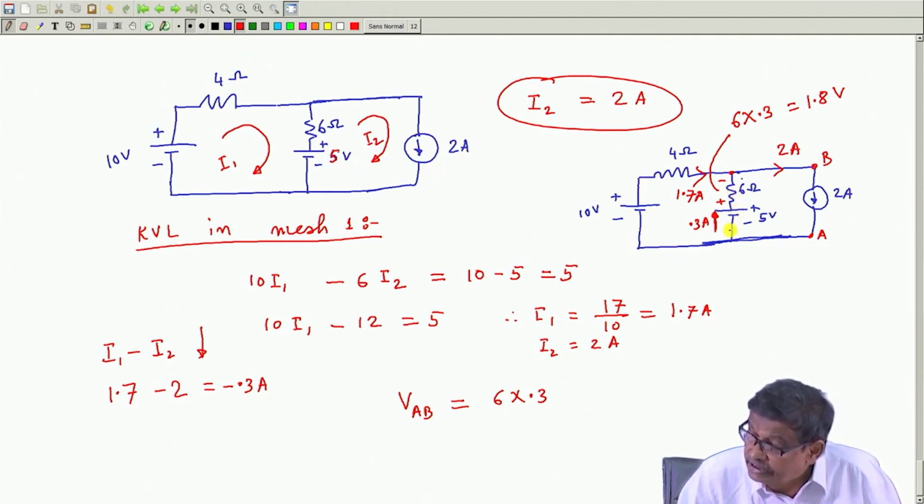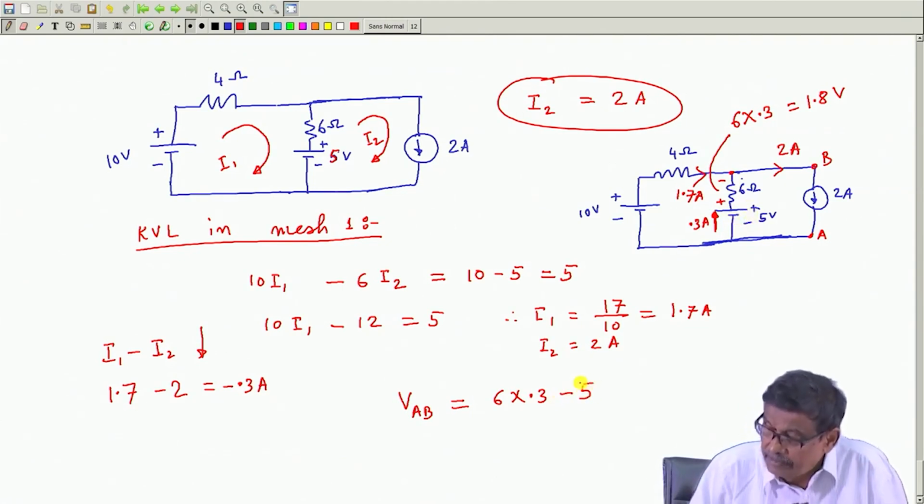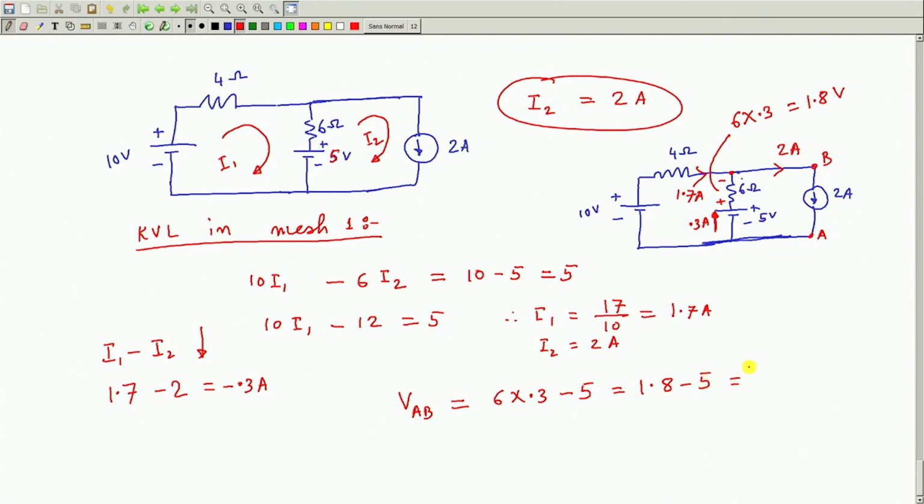Then from this to this, it is a battery, ideal battery, plus to minus 5. So, minus 5, is it? And this will be 1.8 minus 5, it will become minus 3.2 volt.